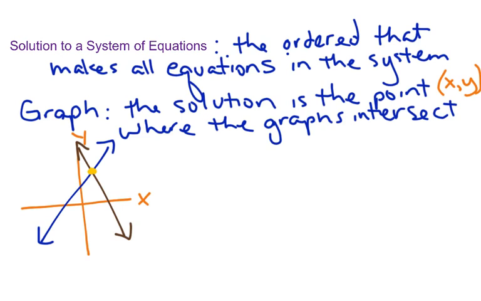This point right here where they intersect is the solution to that equation. Okay? Now we're going to focus on where there is one solution as we talk through the graph, table, and equations, and then we'll talk about if there's always one solution or if there are other options.